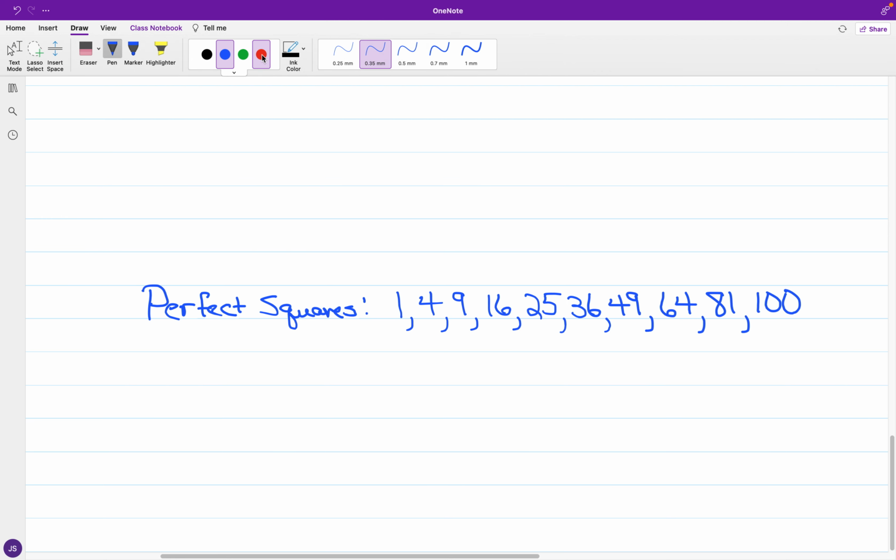And now there are some quadratic equations that might have radical solutions. Let me mention some items here.